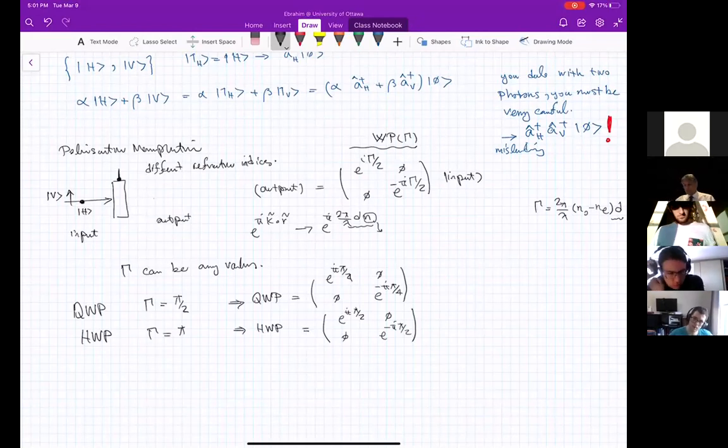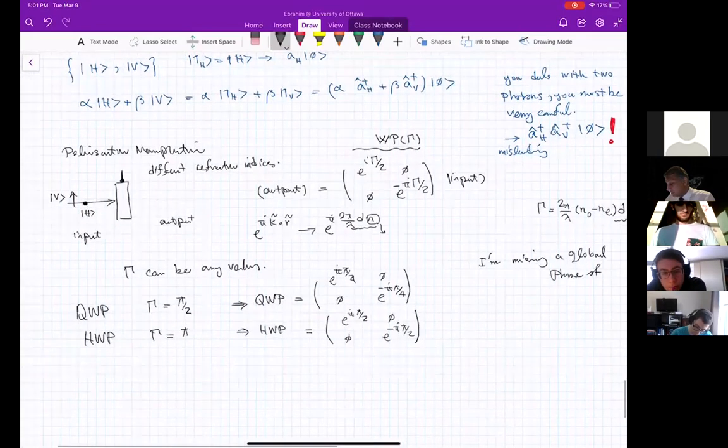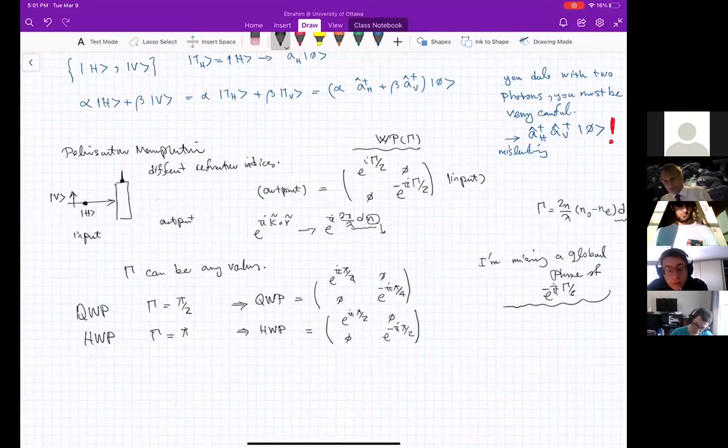You may see it in books. Remember, I am missing a global phase of e to the power of i gamma divided by 2 with a negative sign. My notation doesn't have this global phase. It is a U1 phase, but not important for this sort of calculation that we are doing.